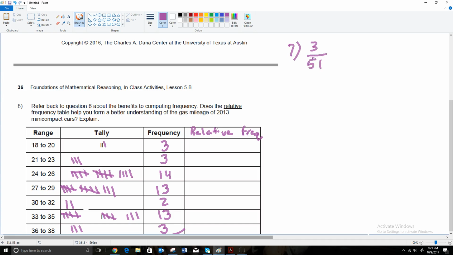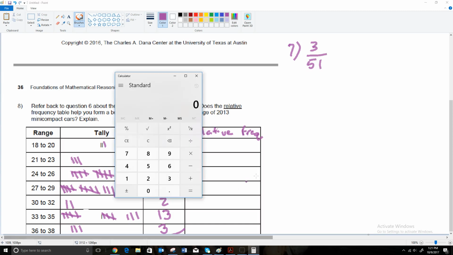Now if we divide that, 3 divided by 51 comes out to be, as a decimal, about 0.058. I think it said to round it to the nearest tenth of a percent, so if I shifted the decimal over 2 spots and then went 1 past that, that'd be 0.0588. So this 8, since it's followed by another 8, would round up to 9.